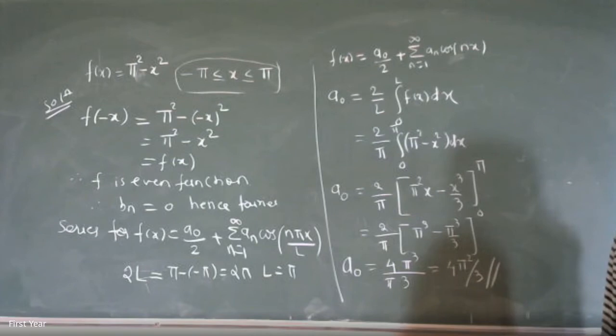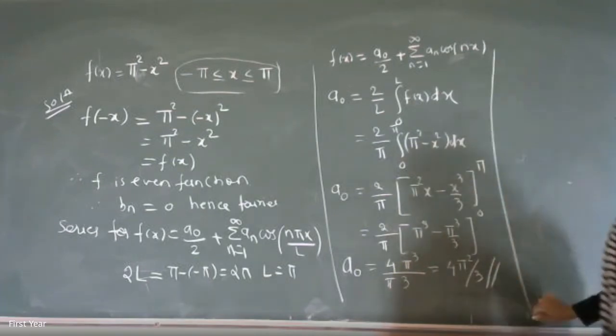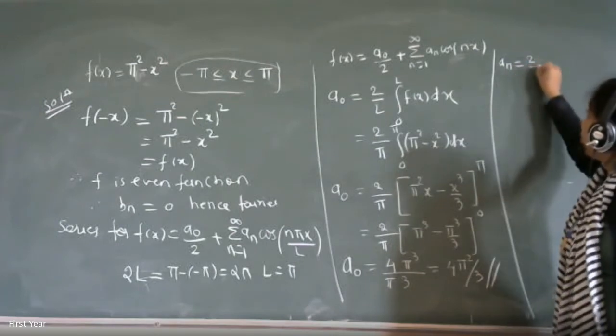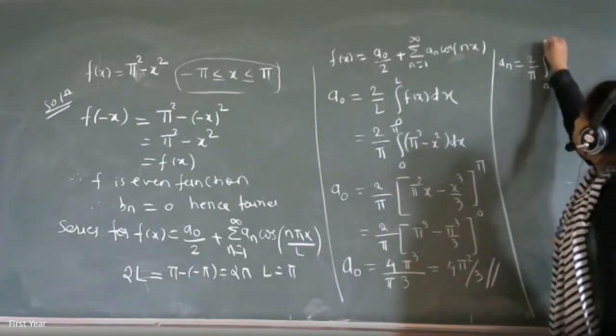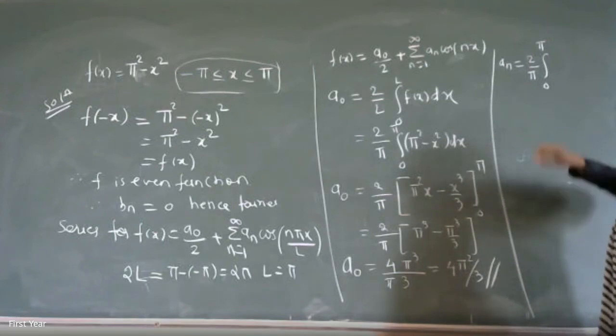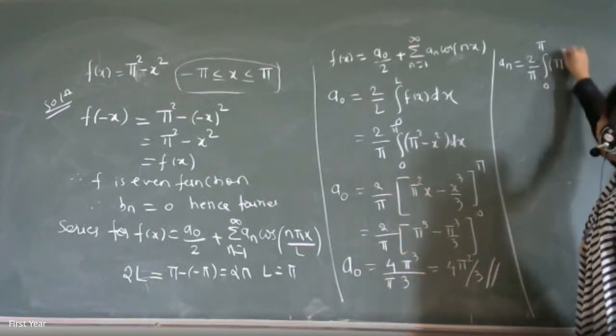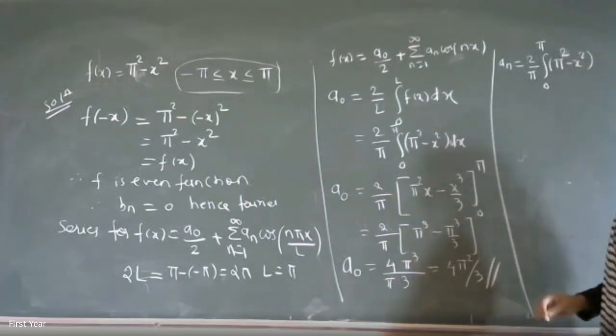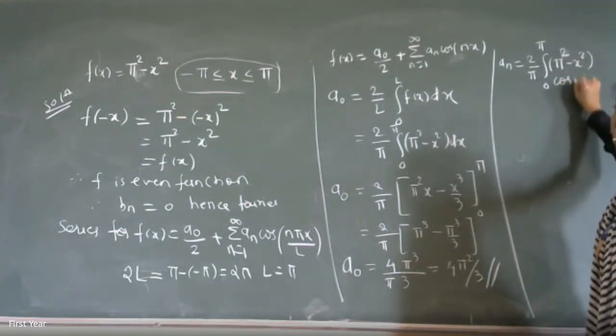Okay. Now the same, let's clarify what an will become: 2 by pi integration 0 to pi of f of x, that is pi square minus x square, into cos of nx.